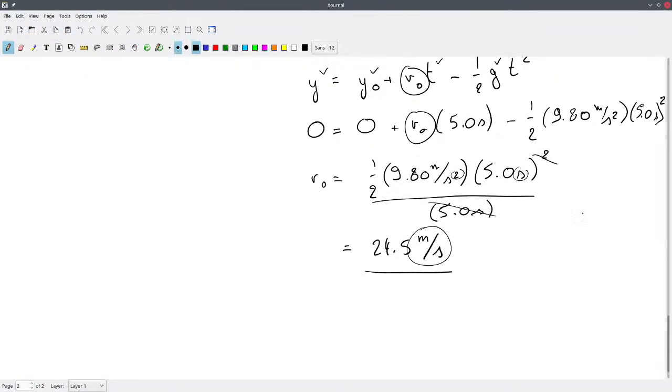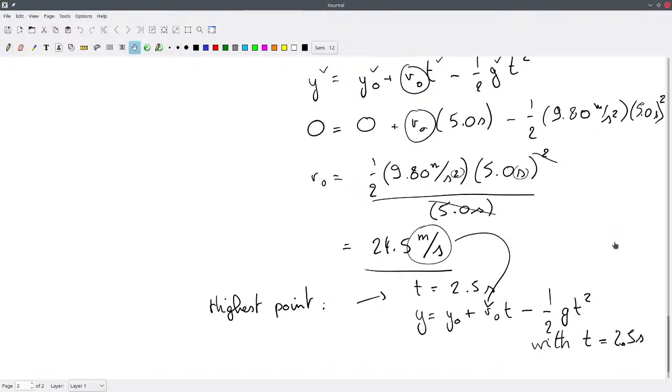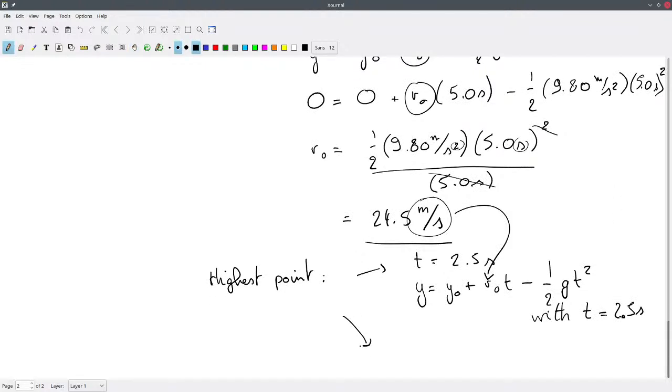So indeed, if we want to calculate the highest point, we can use either that the time is at 2.5 seconds, and then we can use y is y0 plus v0t, and we now know what v0 is, minus 1/2 gt squared, with t is 2.5 seconds. Or we can calculate this using our velocity from acceleration and distance.